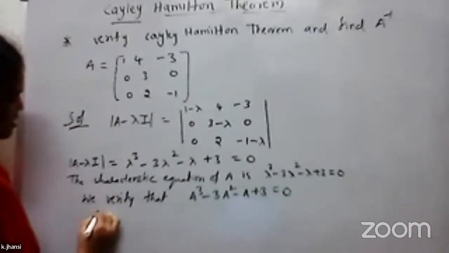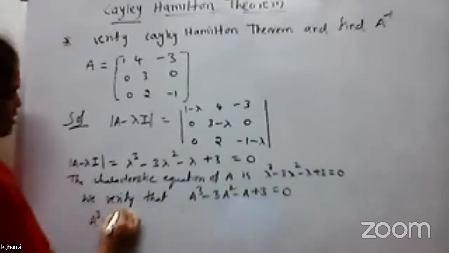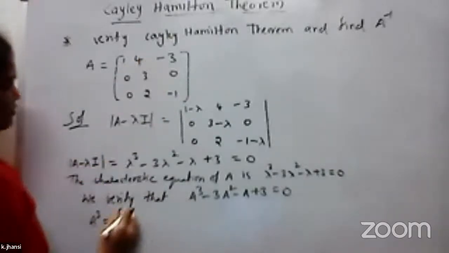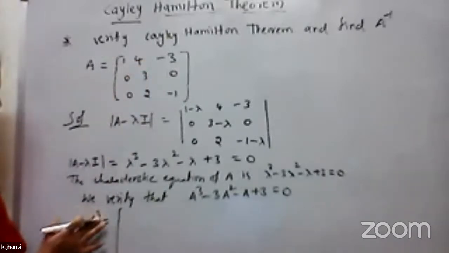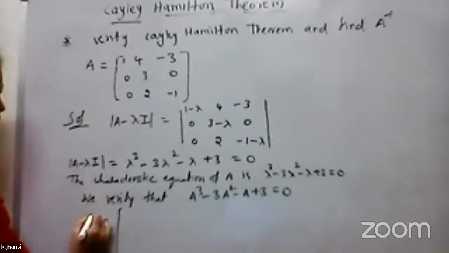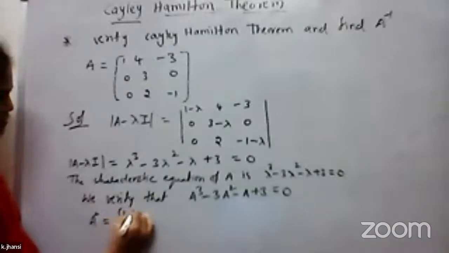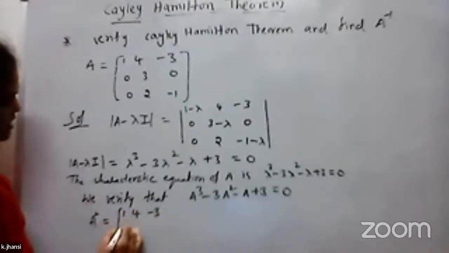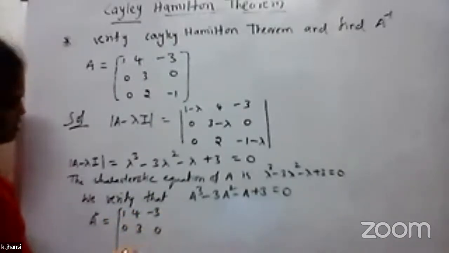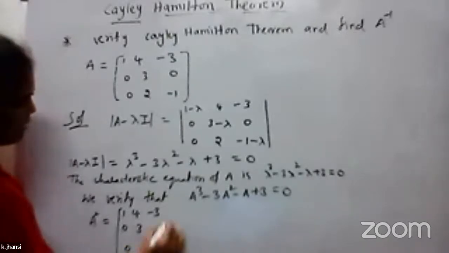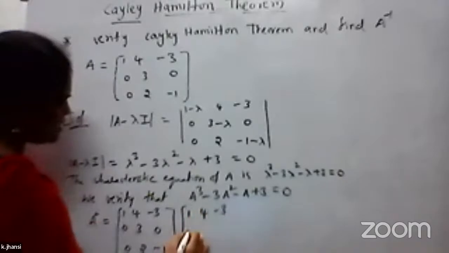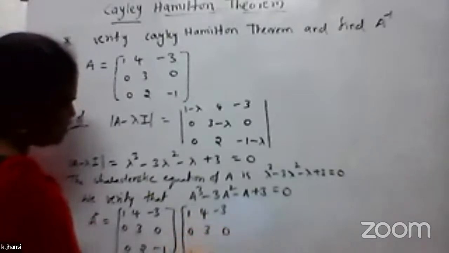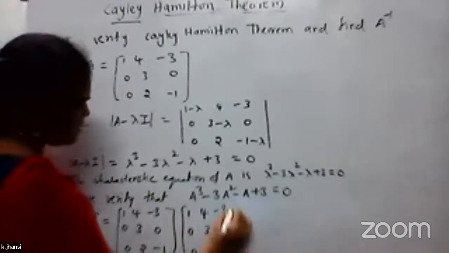So A cube is equals to, that is the matrix of this one. So first we will find A square. A square means 1, 4, minus 3, 0, 3, 0, 0, 2, minus 1 into 1, 4, minus 3, 0, 3, 0, 0, 2, minus 1.